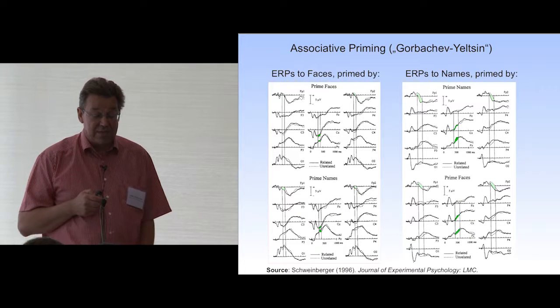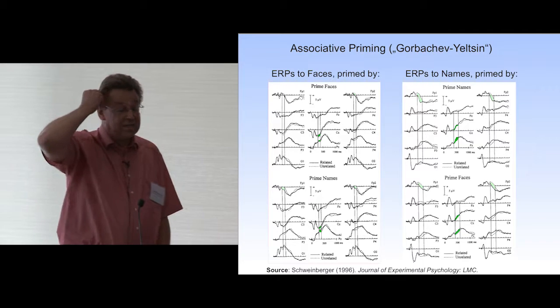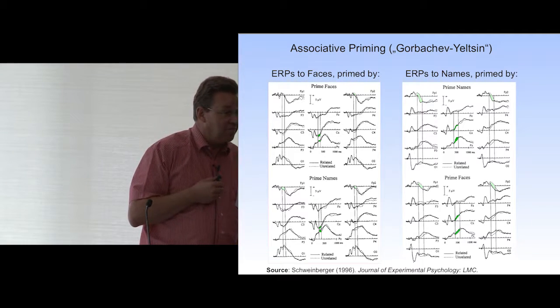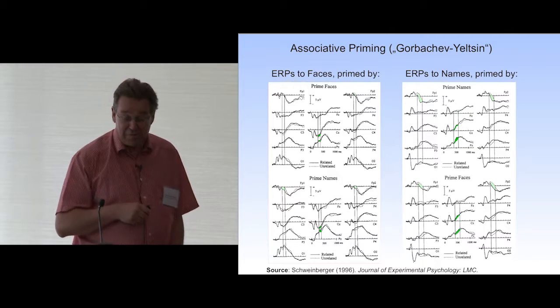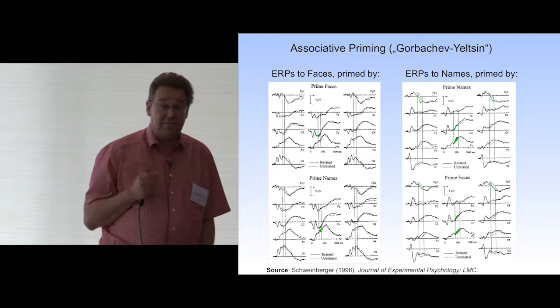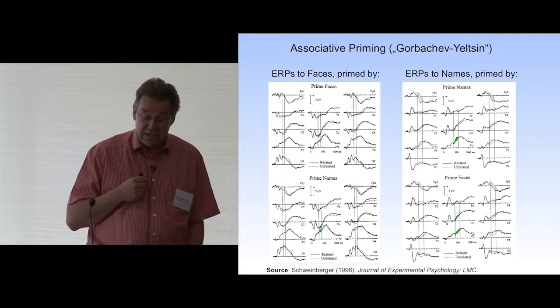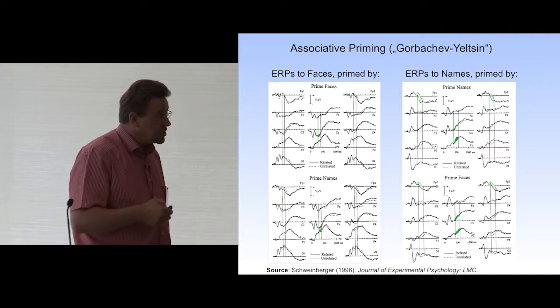Now this is from an old study that investigated associative priming in person recognition depending on the stimulus domain of prime and target. So this is a kind of Gorbachev-Yeltsin type of priming. And the main finding was that associative priming quite selectively modulated the N400, and this modulation was the same for priming within and across stimulus domains.